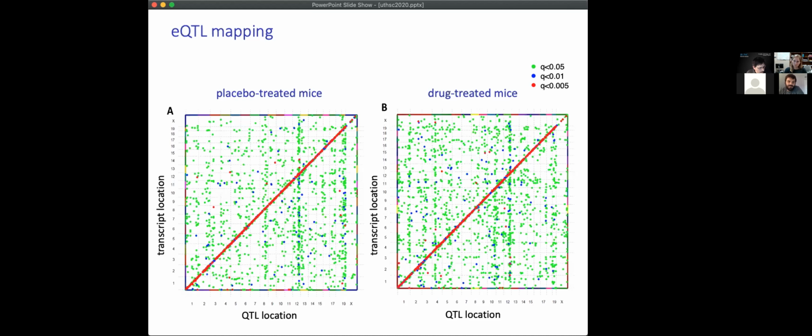I know that it's quite common to use these PCA-like PEER factors and correct gene expression data for them, and unfortunately, I might be misunderstanding something, but it seems to have the effect of removing the trans bands.